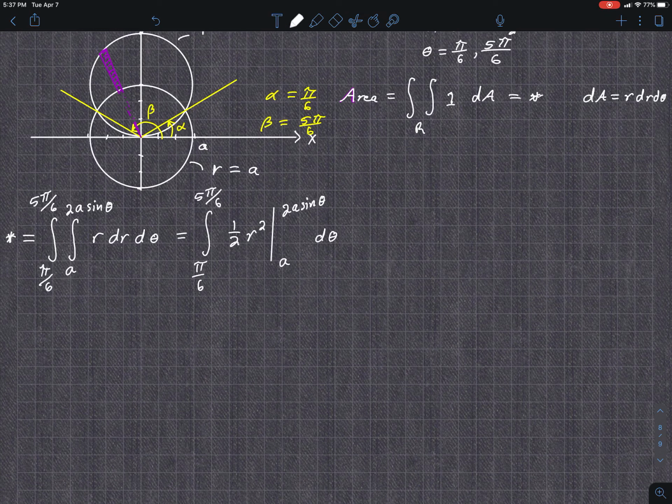So then your variable will be eliminated once you substitute in your angles. That's what you want. So this equals, pi 6 to 5 pi 6, and then I get 1/2 of 2a sine theta, and then that whole thing's squared minus 1/2 a squared, and then it's of course d theta.